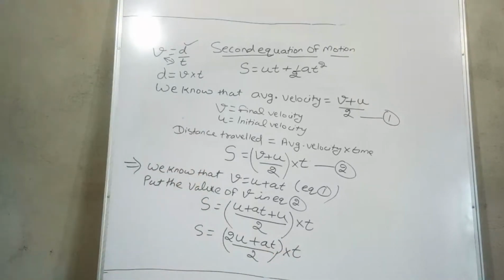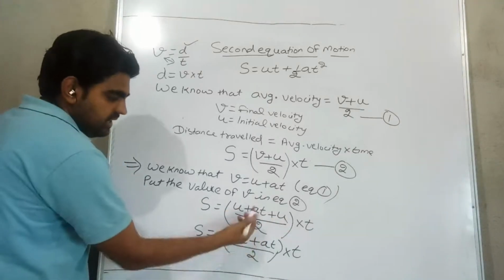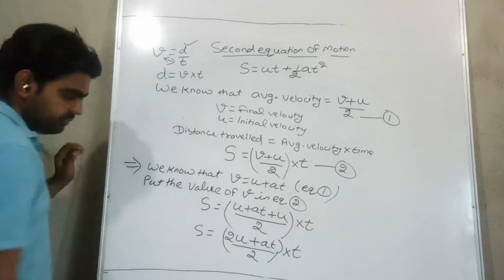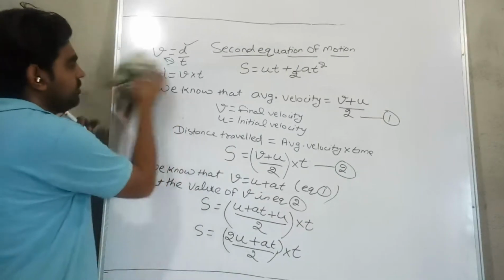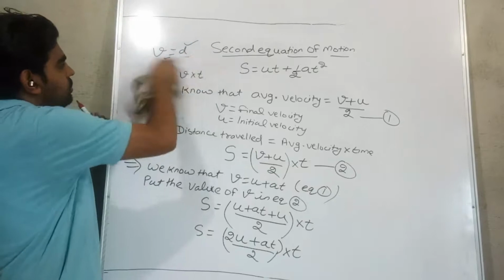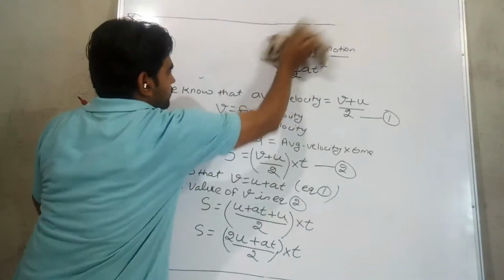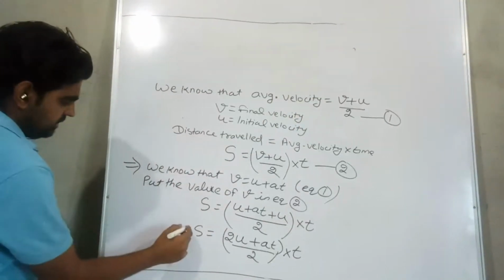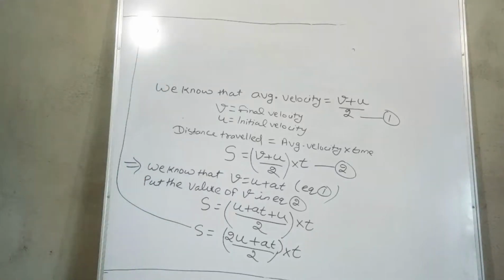This is a simple mathematical calculation: u plus u equals 2u. Clear? Now we solve further.